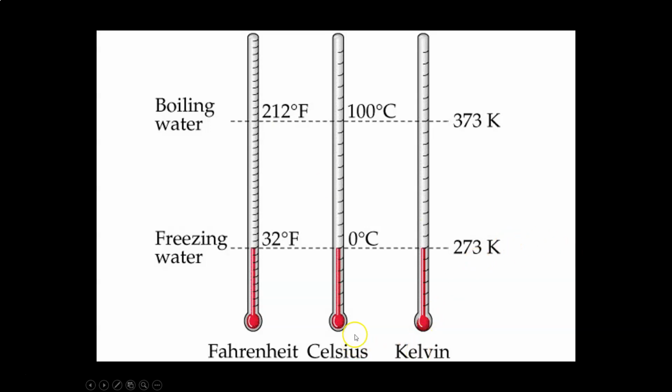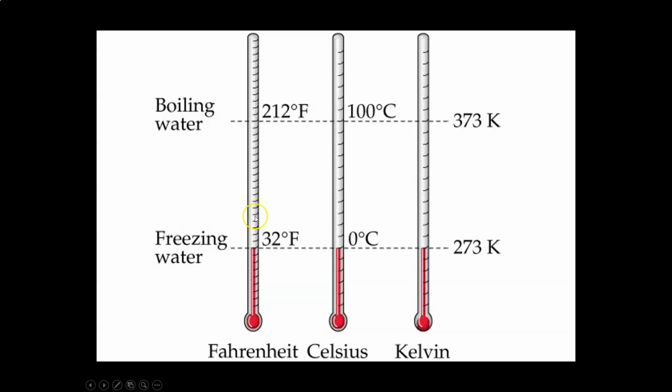When you look at Kelvin compared to Celsius, can you see that the size of a degree is the same? The amount of temperature change between a Kelvin and a Celsius is identical, but the amount of temperature change between a degree Fahrenheit and a degree Celsius is not the same. The Fahrenheits are much smaller increments.